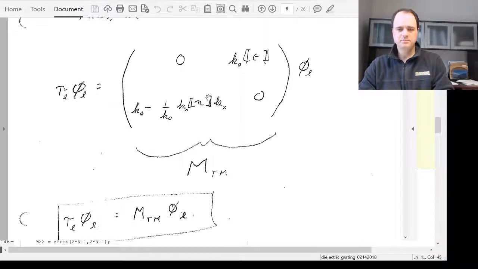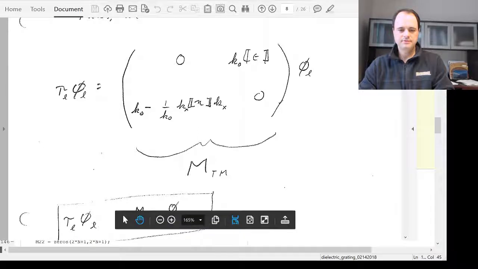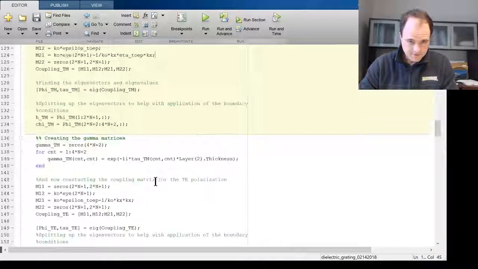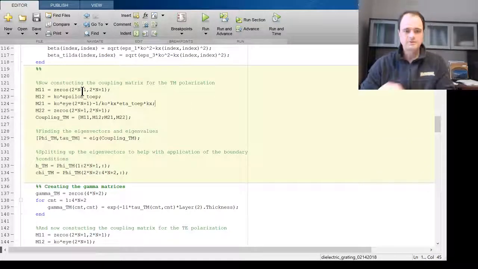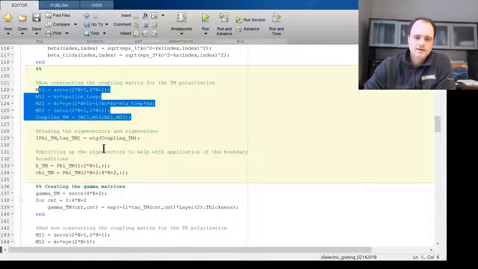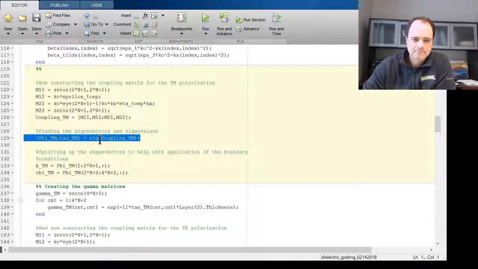Now that I have my Toeplitz matrices, I will now solve for these matrices. So that's what I'm doing right here. I'm putting together those big coupling matrices first for the TM polarization. All right, and I find the eigenvalue, eigenvector here, and the eigenvector is given by this. The eigenvalue is given by here.